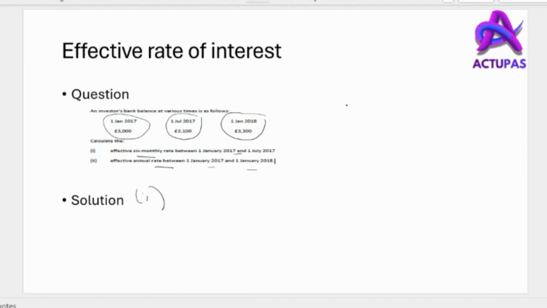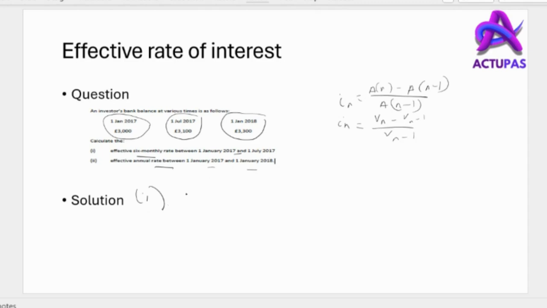From before, we had said that i_n is equal to (A_n minus A_(n-1)) over A_(n-1). So in simple terms, the effective interest rate is equal to the value at time n, minus the value at n minus 1, divided by the value at n minus 1.